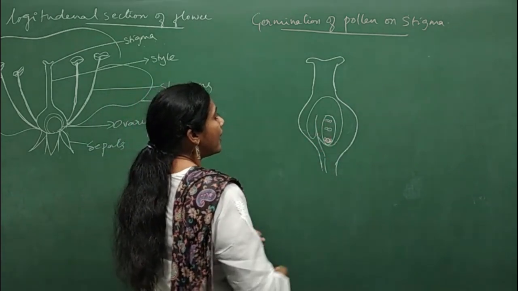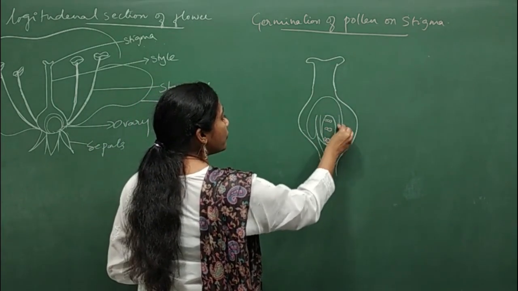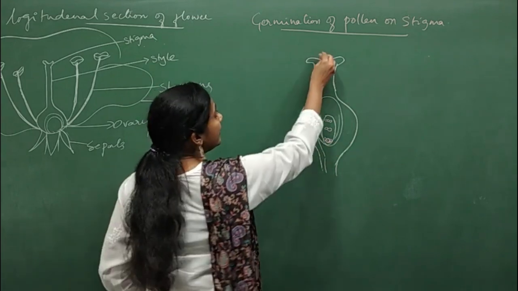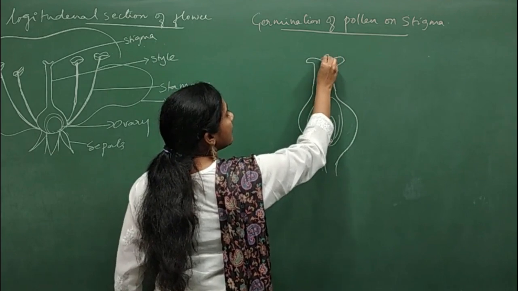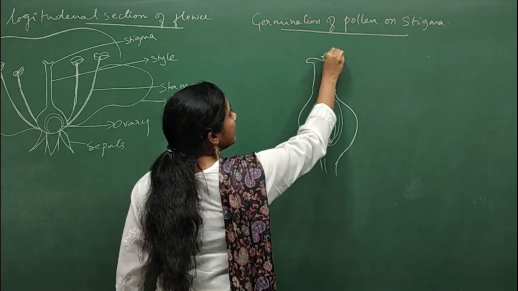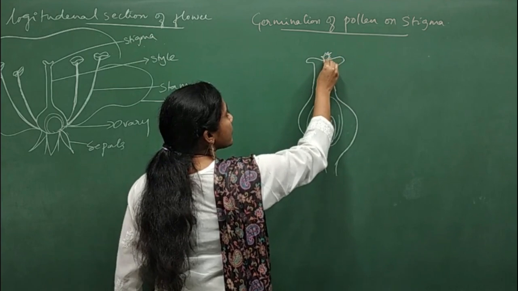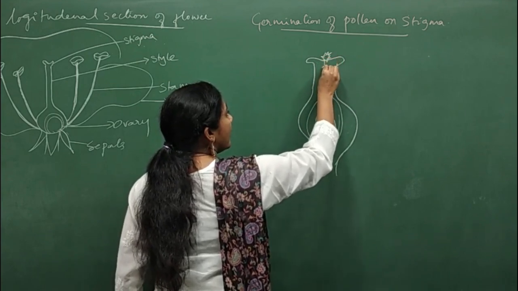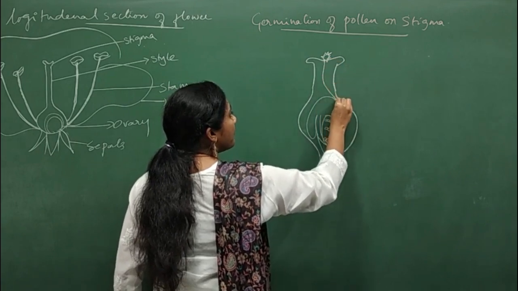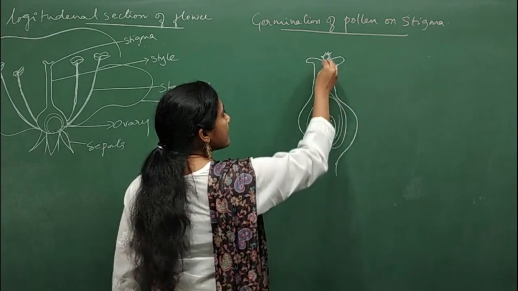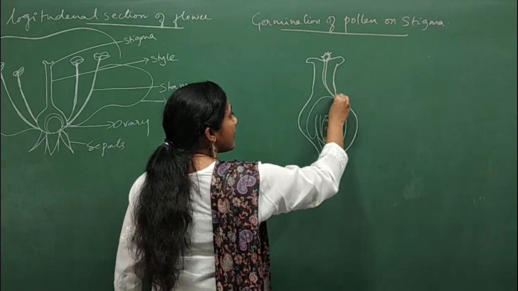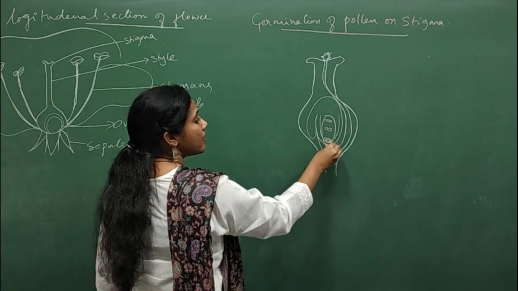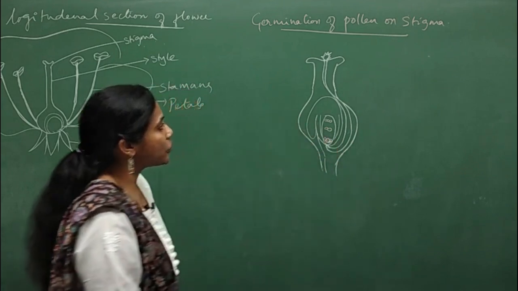And then now, you have to show the pollen grain extension. Fine. So this is our pollen grain. Okay, and now it's growing. A long tube would come like this, like this, a long tube will come towards the female germ cell.